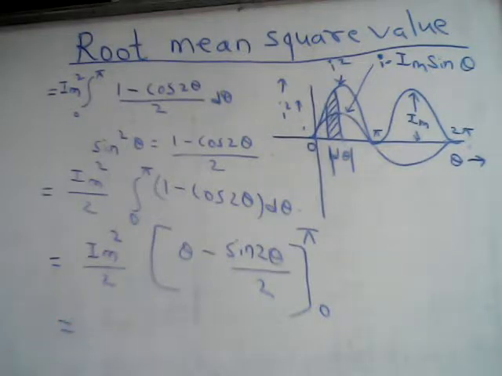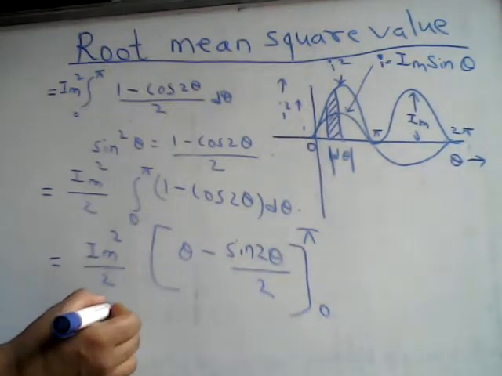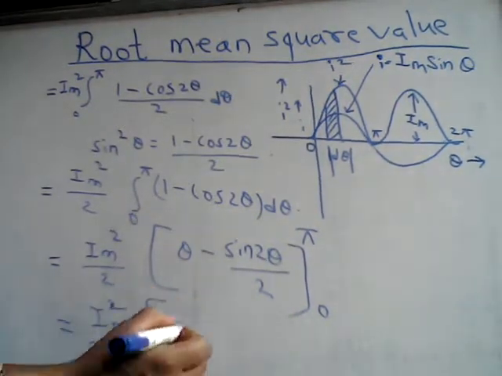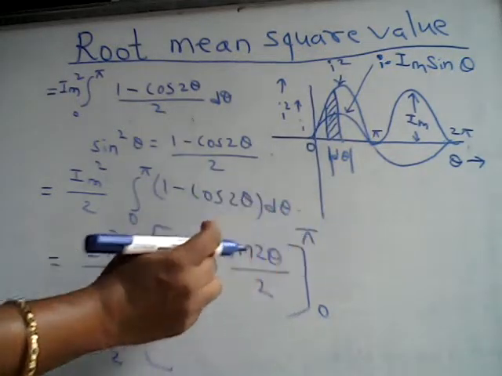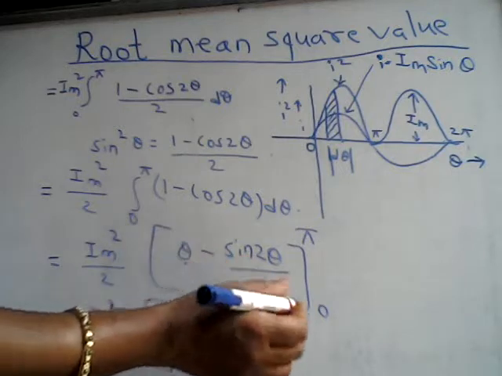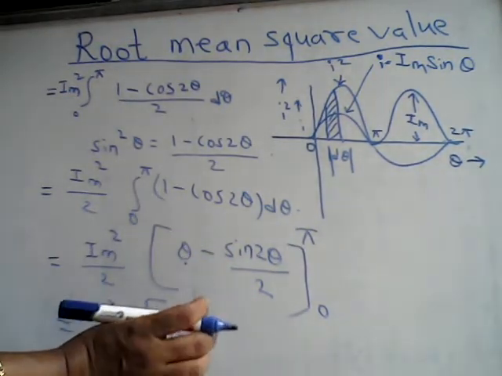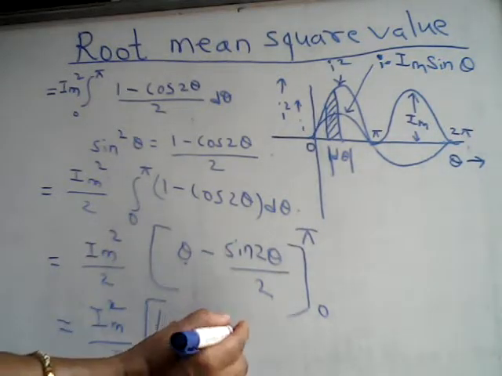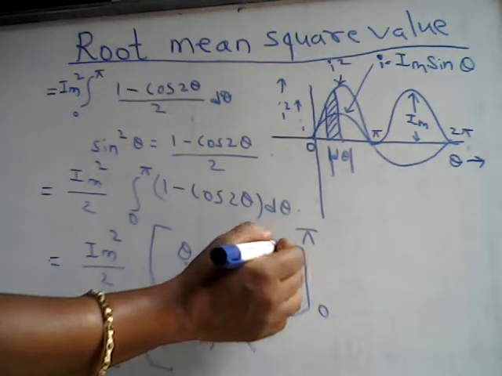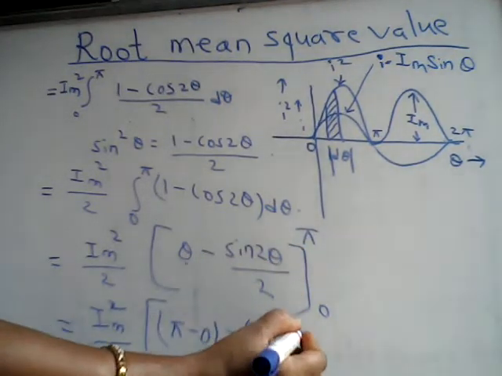So this is equal to Im square divided by 2, substituting the upper limit, theta is pi minus the lower limit 0. This is theta with upper limit minus lower limit, minus of this value: sin 2 pi is 0, minus sin of 0 is also 0.